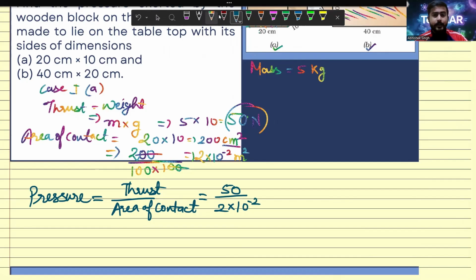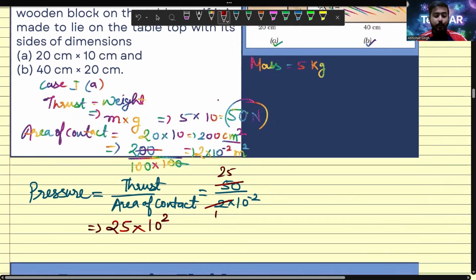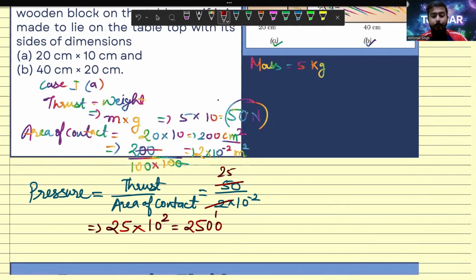Let's cancel the things. So 2 times 1 and 2 times 25. And if we talk about the final answer, we got 25. When this 10 to the power will go in the reciprocal, it will become 10 to the power positive 2. That is exactly equal to 2500 pascals, or we can also say Newton per meter square. So this is 2500 pascals.